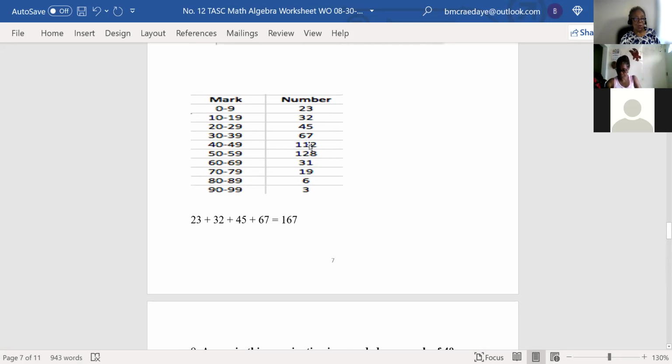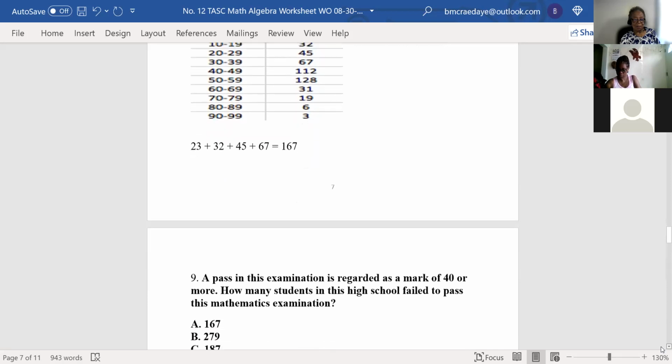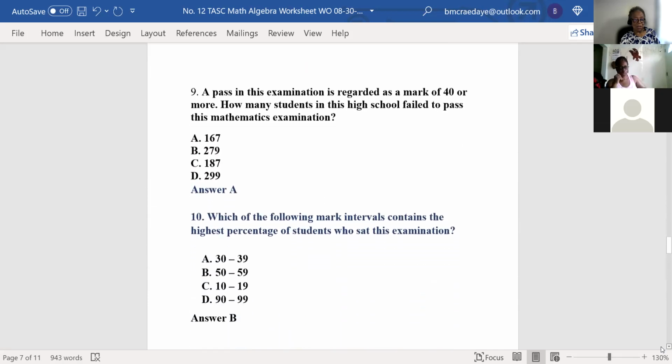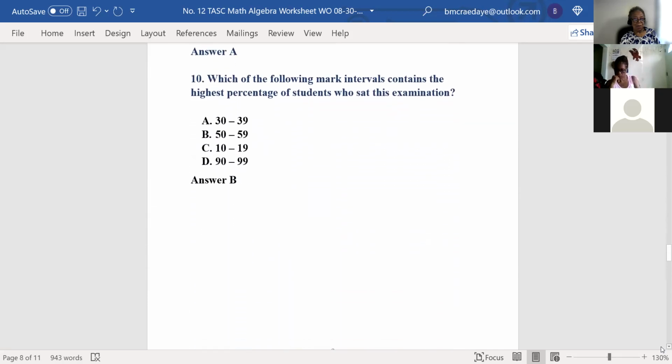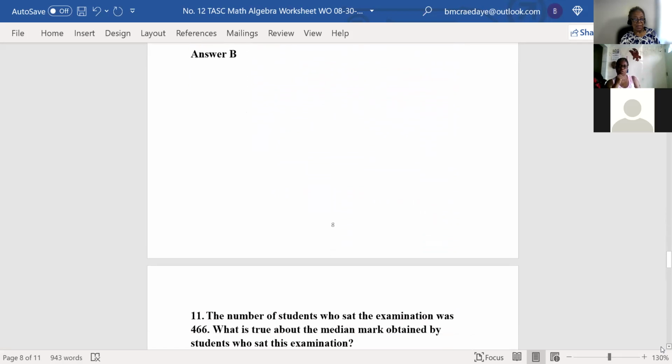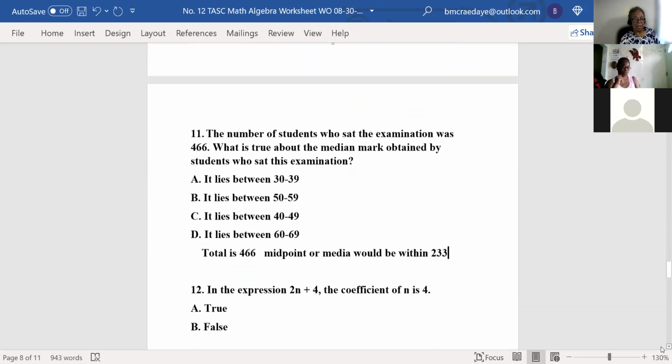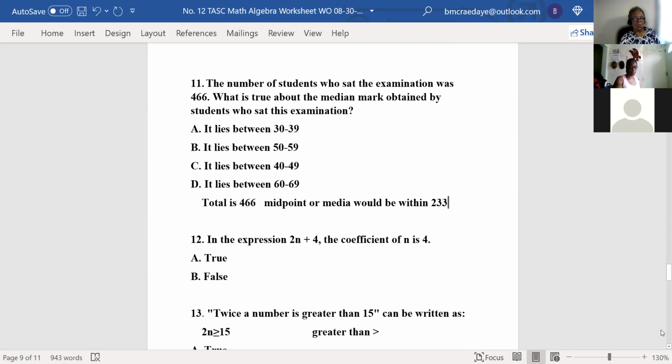That means the median is within this range, 40 to 49. You got all that right? All right. So the answer would be C.